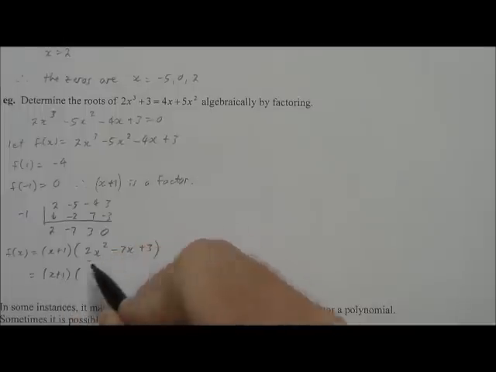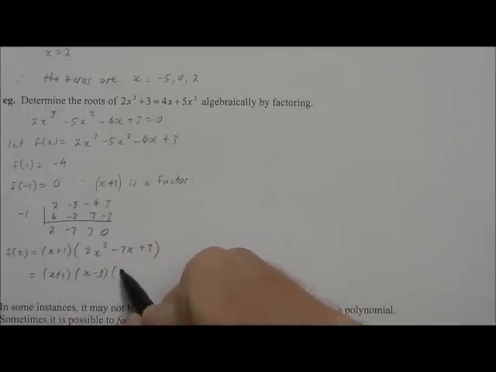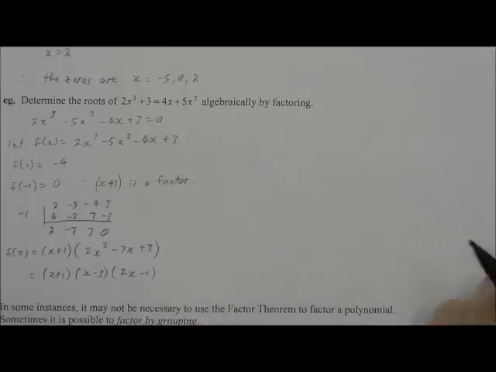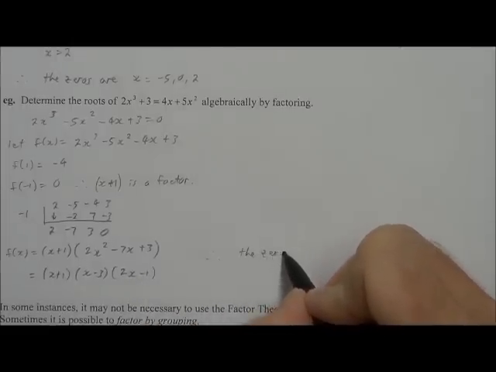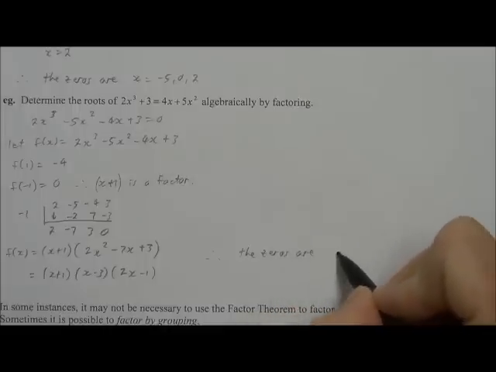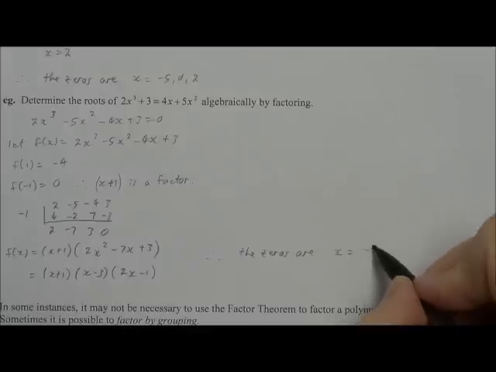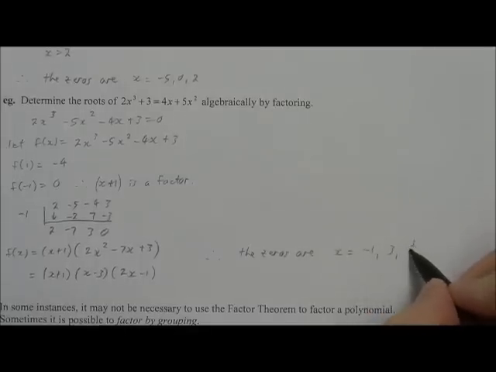So this then results to be x plus 1, x minus 3, and 2x minus 1. Therefore the zeros are x equals negative 1, 3, and 1/2.